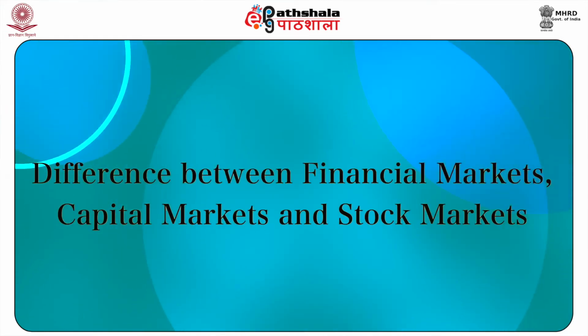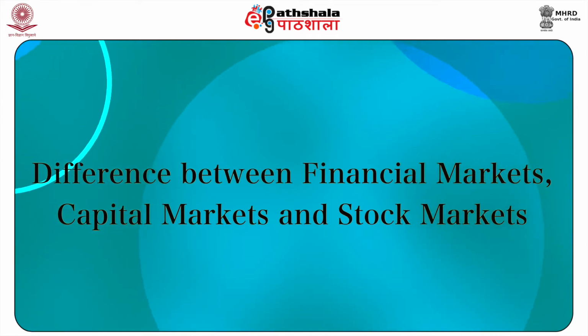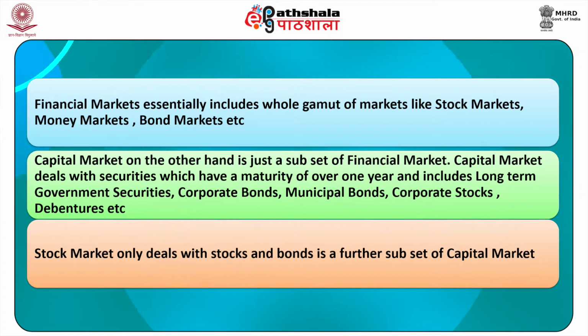Let us understand the difference between financial markets, capital markets, and stock markets. Financial markets essentially include the whole gamut of markets like stock markets, money markets, bond markets, etc. Whereas the capital market, on the other hand, is just a subset of the financial market.